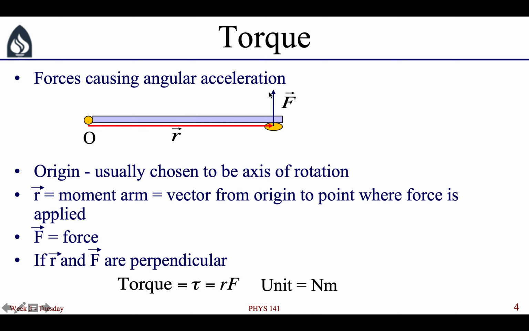The force vector is also shown, and if the moment arm and the force vector are perpendicular to each other, then the torque is equal to the length of the moment arm times the amount of force. Torque doesn't have its own special unit. The unit for torque is just the unit for the moment arm distance times the amount of force, so it has units of newtons times meters.